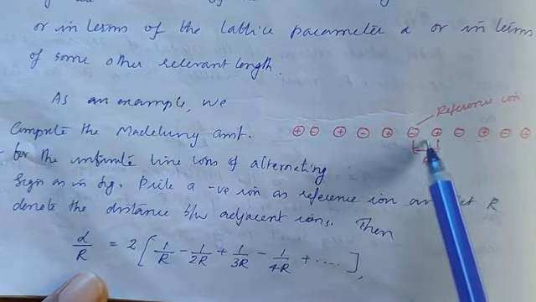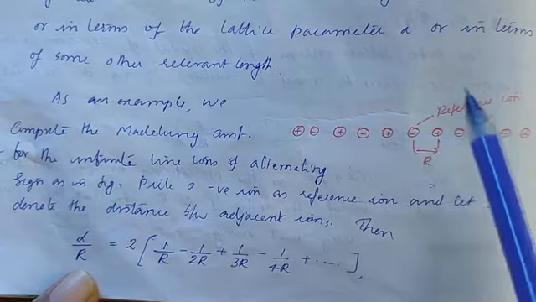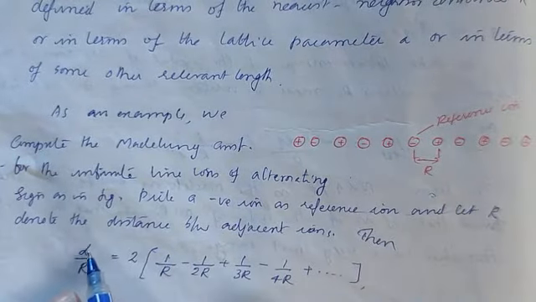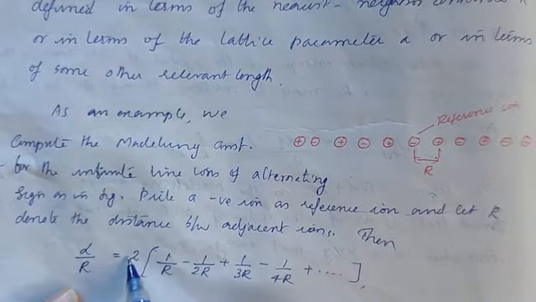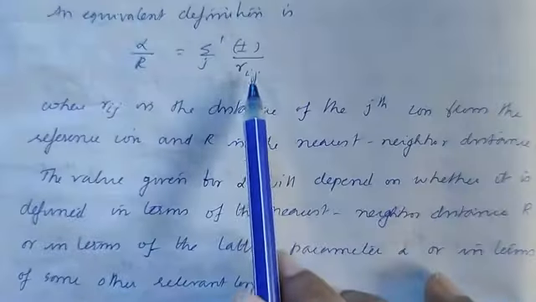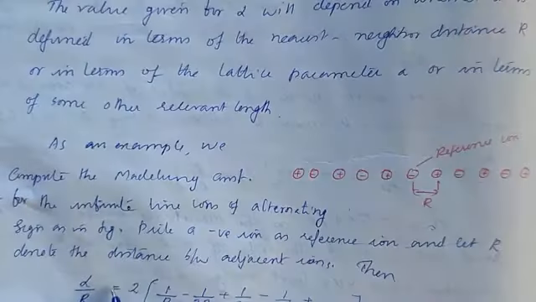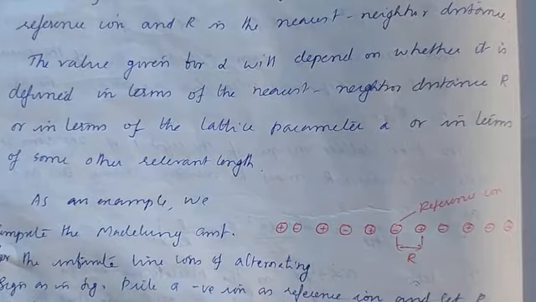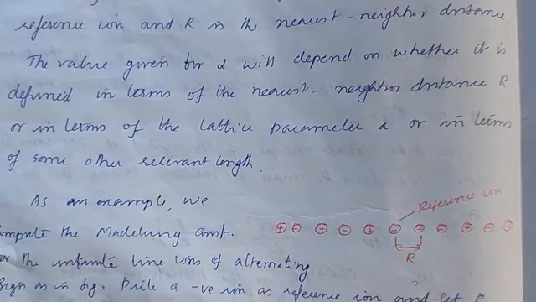So this separation is r, this is 2r, and this is 3r, etc. So the Madelung constant from the above expression can be written as alpha by r is equal to 2 into, for the first case 1 by r, and the next case is minus 1 by 2r, and for the other 1 by 3r, and so on. So the series will continue as long as the chain goes on.